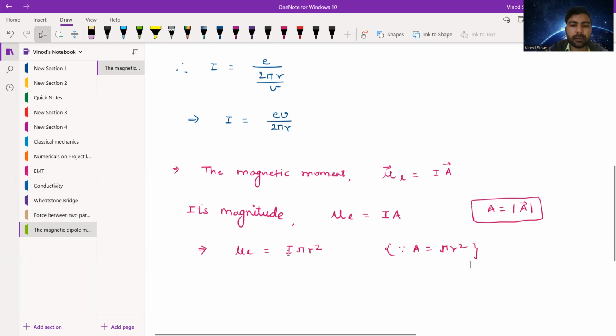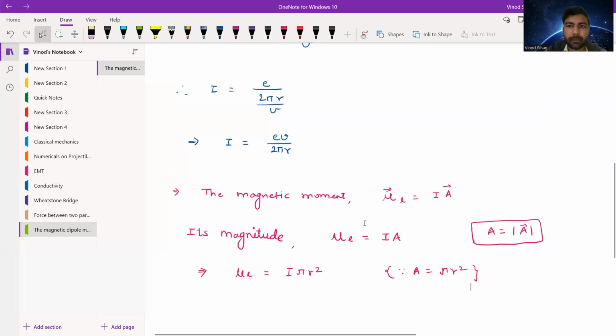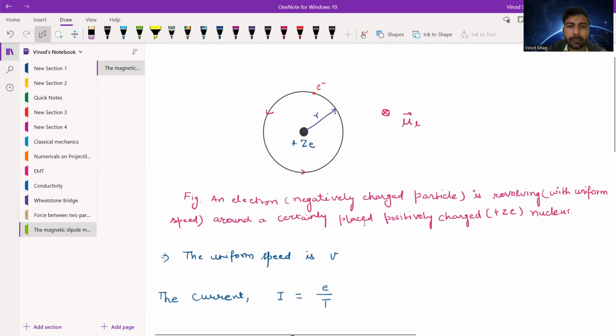And now we will substitute the expression for current. But have you seen why I'm writing L here? Because the magnetic moment is due to the orbital motion. So that's why it is sometimes called the orbital magnetic moment also.